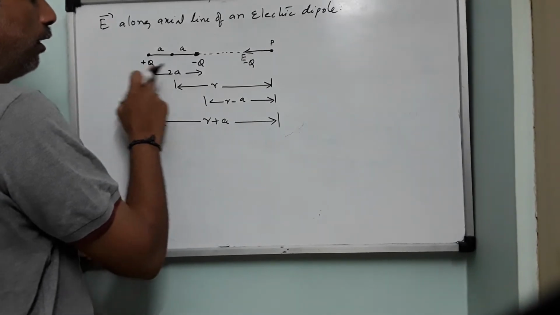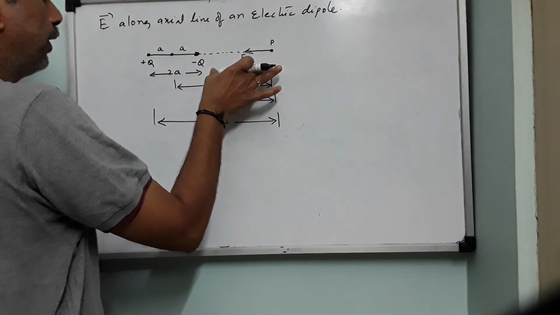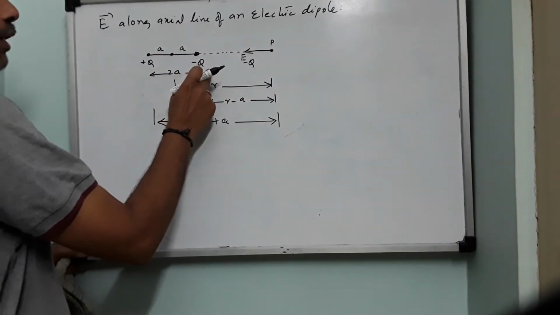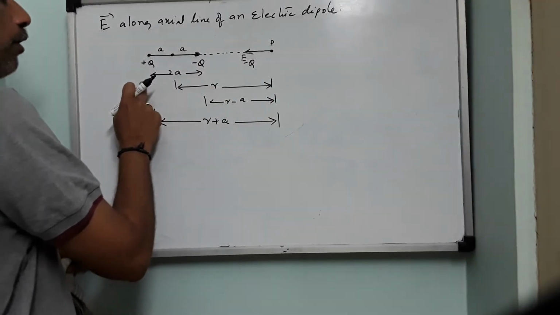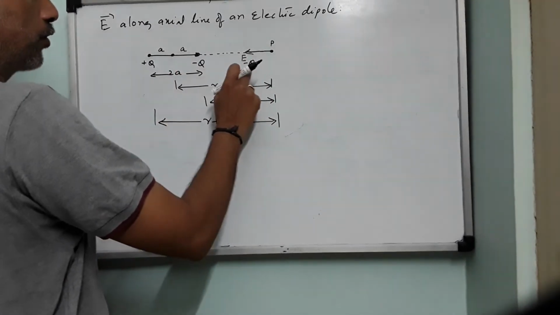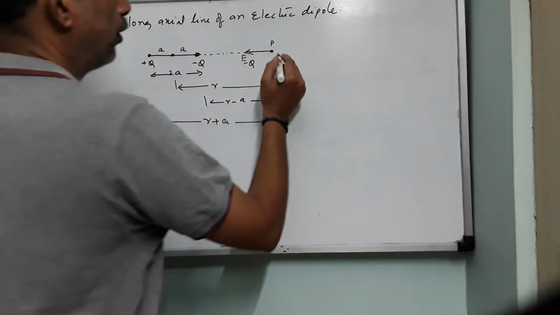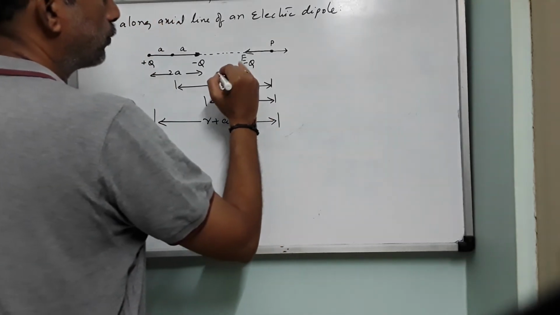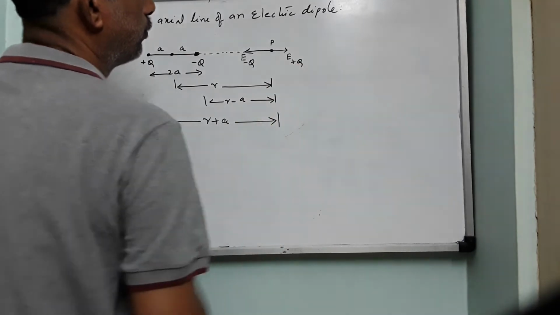Notice that minus q is nearer to point P than plus q. Therefore, minus q produces a stronger electric field at point P than plus q. So the length of the vector should be small compared to this one. So this is the electric field due to plus q.